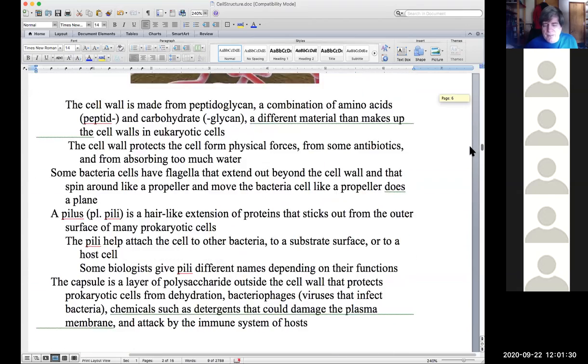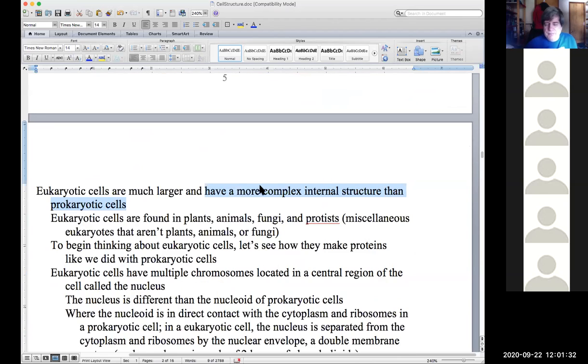So we want to keep that in mind. Now, eukaryotic cells are found in 4 main groups of living organisms. They're found in plants, they're found in animals, and they're found in fungi. And if we look at plants, all plants are very similar to one another. And if we look at animals, all animals have a lot of similarities.